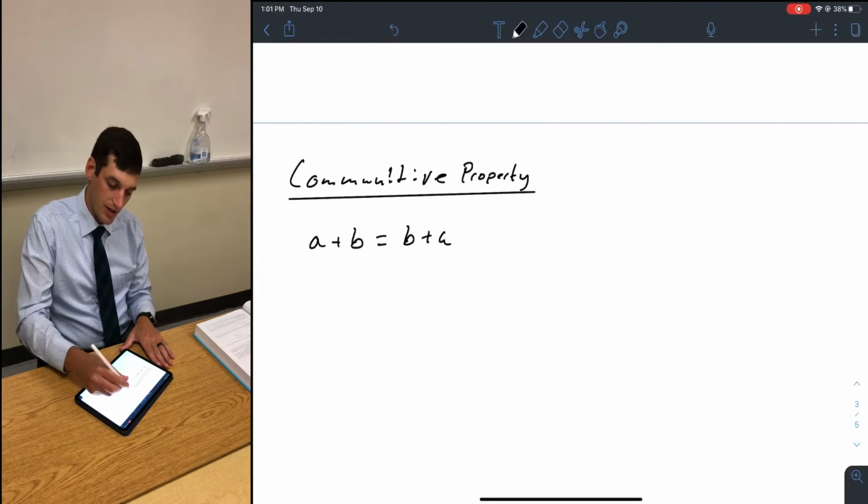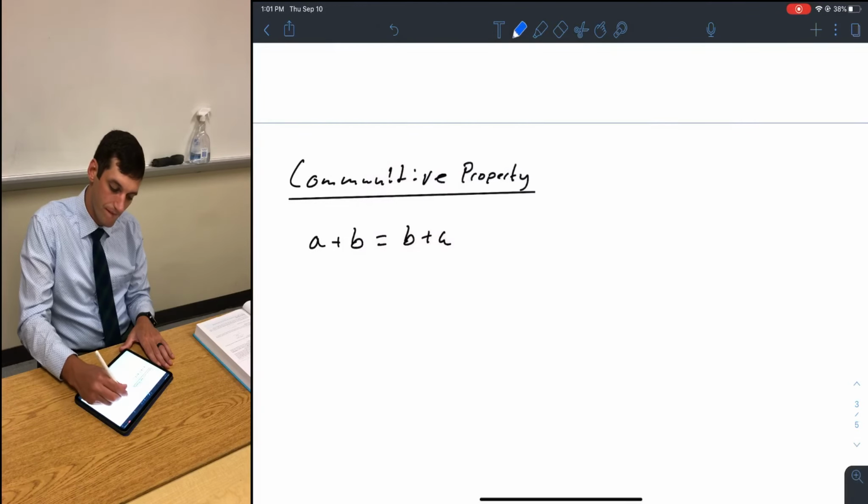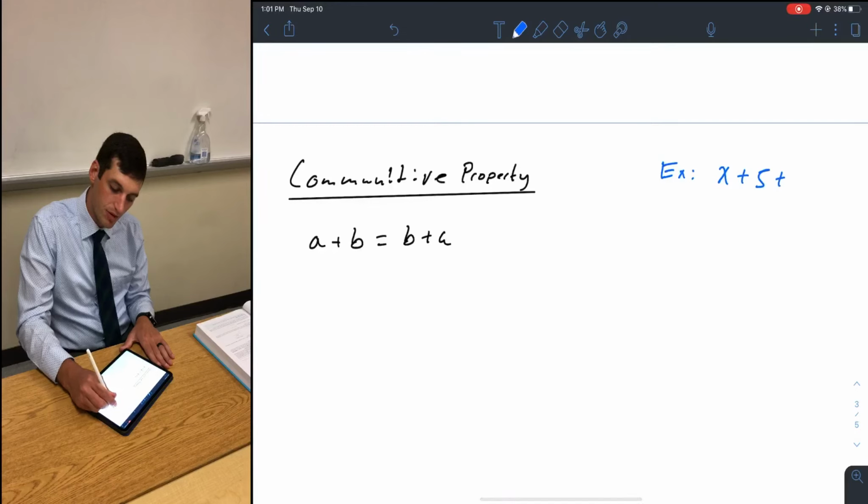I can also arrange, so I'm going to write an example over here. Let's say that I have x plus 5 plus y, and what does that equal?